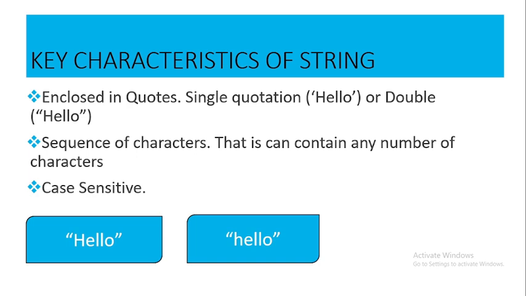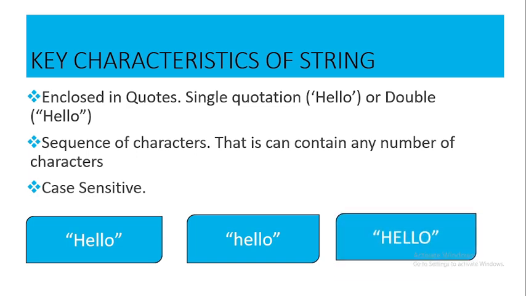So when we say case sensitive, though we pronounce these words hello, hello, how we have spelled them, one beginning with capital letter H and one beginning with small letter h, makes them different. Hello starting with capital letter H is different from hello starting with small letter h. The same way, these two are also different from HELLO, with the spelling in uppercase or all capital letters.